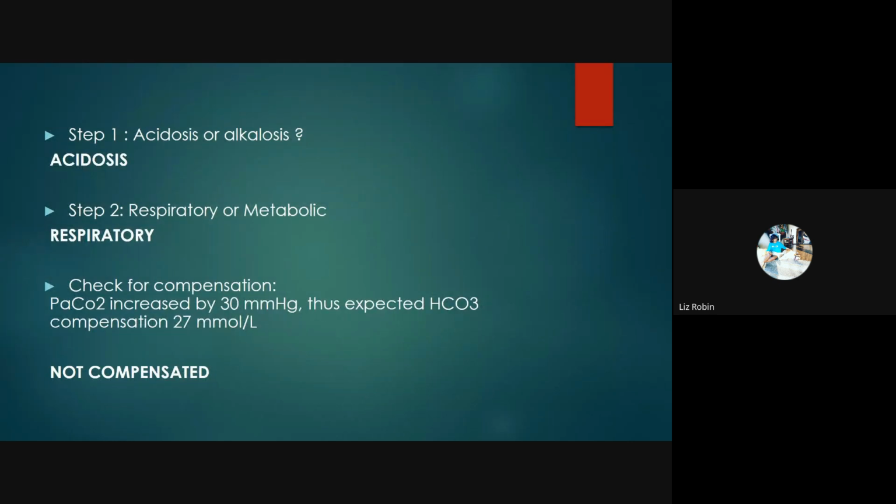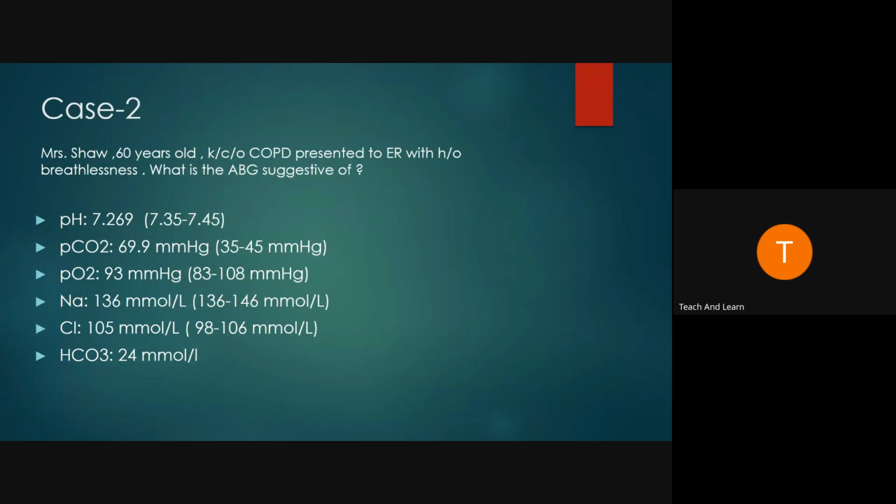So moving on. Again, stepwise approach. Atul has raised his hand. Atul, you want to say anything? You can speak up. Hello, can you hear me? Yeah. Using the stepwise approach, first step is check for acidosis.